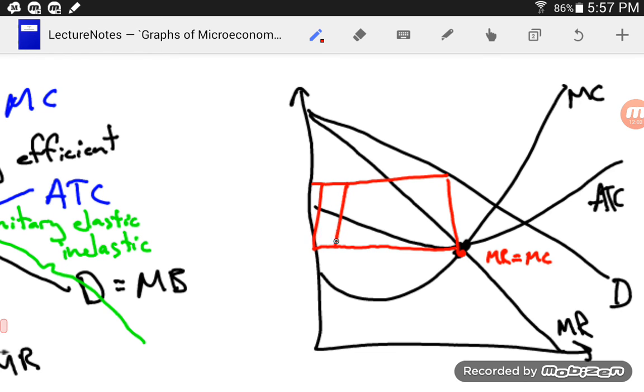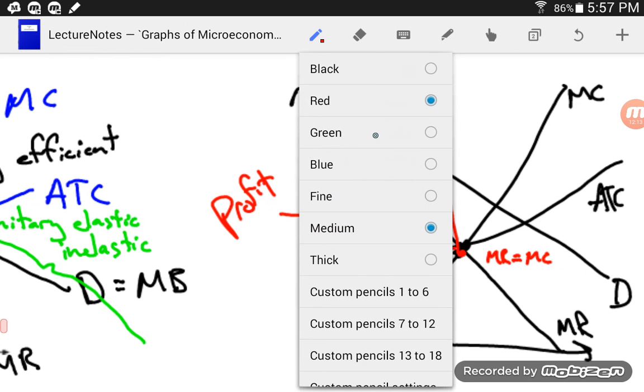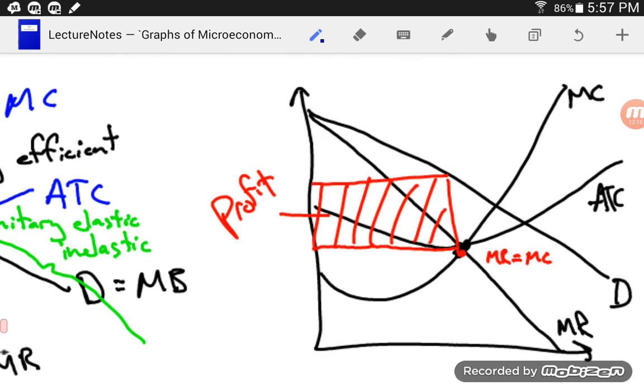So this is my normal scenario of a monopoly getting some profit. There is a scenario where a monopoly could make even more money, and we might actually produce all the way to, let's see, this point here.